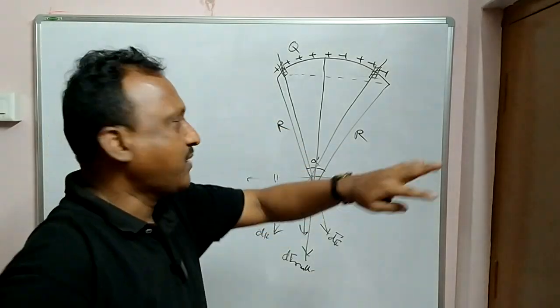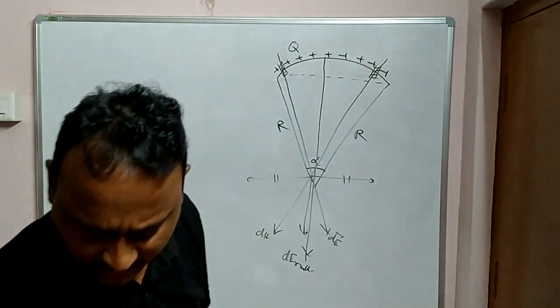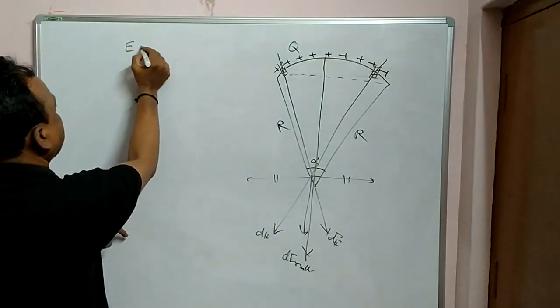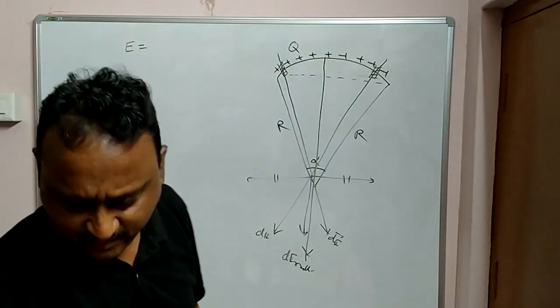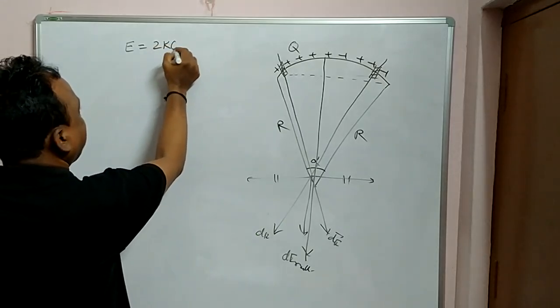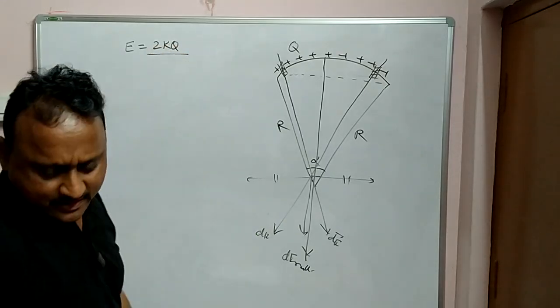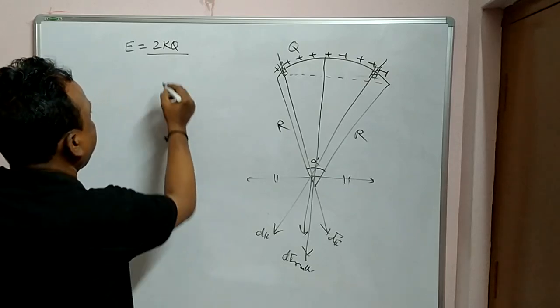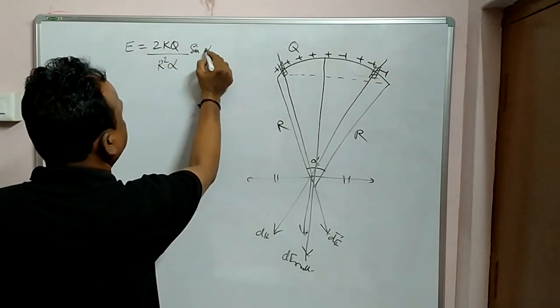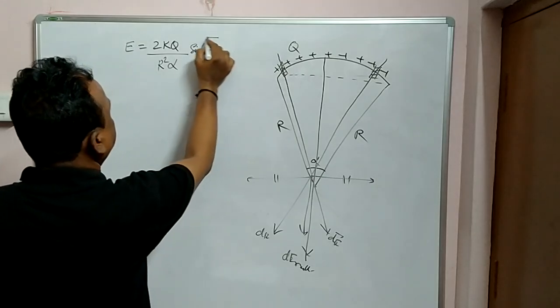In the gravitation chapter I have already given this equation. So in this direction, the electric field intensity E is given by 2kq by r square alpha into sine alpha by 2.